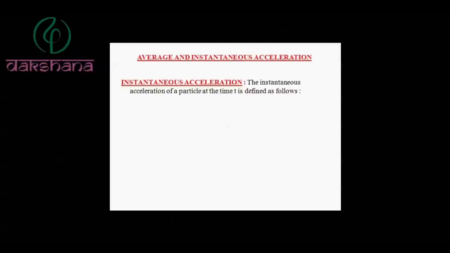Now let's see how we define the instantaneous acceleration. The approach is analogous to what we have seen for instantaneous speed and velocity. The instantaneous acceleration of a particle is also defined for any particular instant t. In the case of average acceleration, what we have seen is it is delta v divided by delta t.